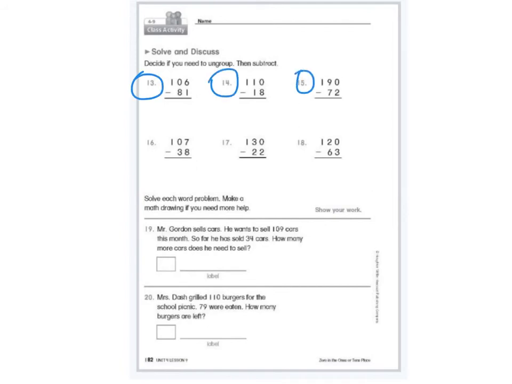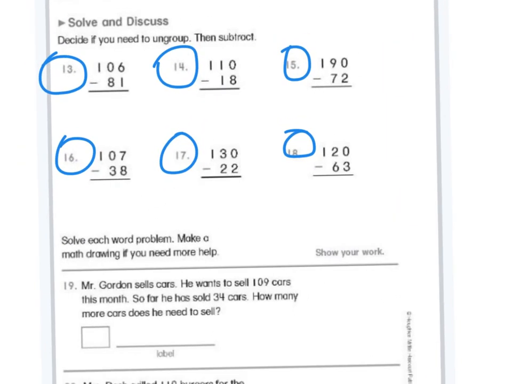If you do need to ungroup, you're going to borrow one of your tens to make 10 ones, or one of your hundreds to make 10 tens, depending on where your zero is in your problem. If your zero's in the ones place, like number 14, you're going to ungroup a 10. If your zero is in the tens place, like number 13, you're going to ungroup 100 and make 10 tens.